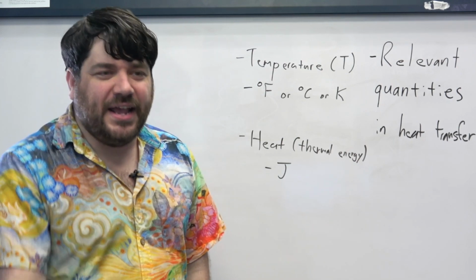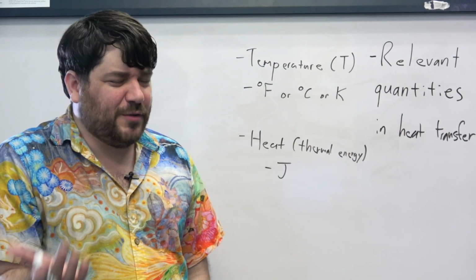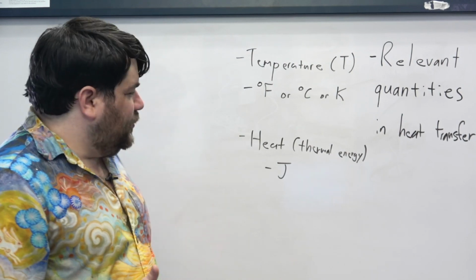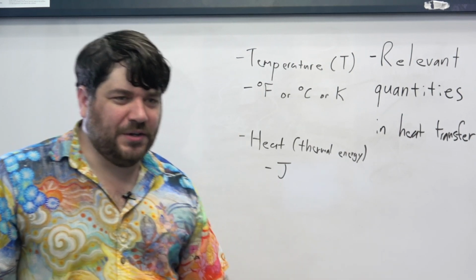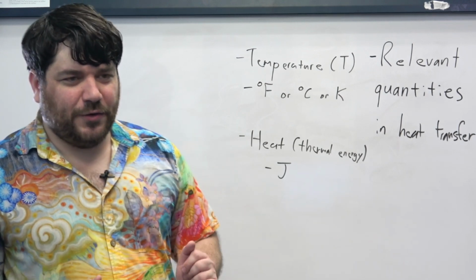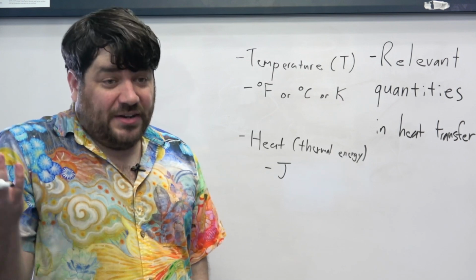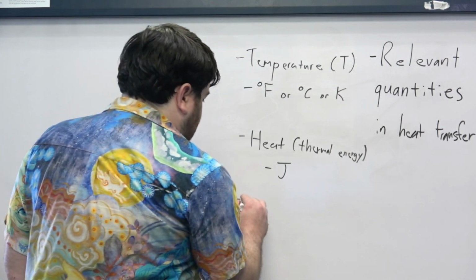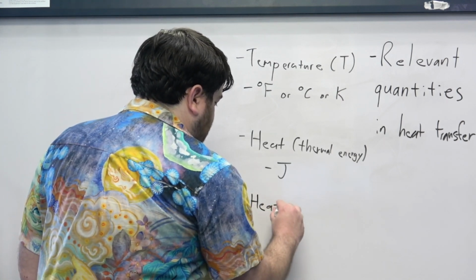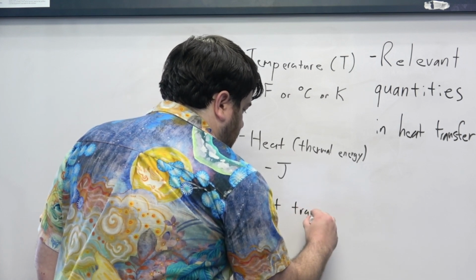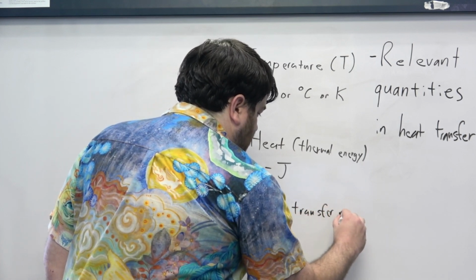We have to create some notion of a heat transfer rate, which maybe is just how much energy per unit time is being transferred from one object to another. And that quantity, unsurprisingly, like we were very direct when naming this, we just call it a heat transfer rate.